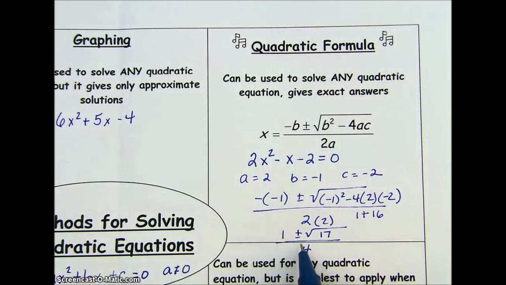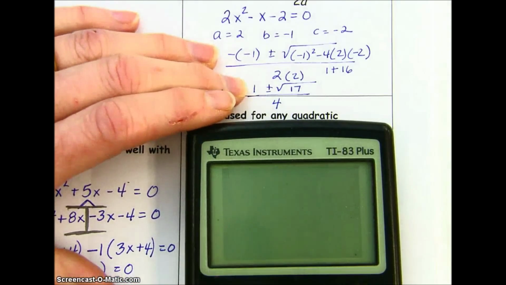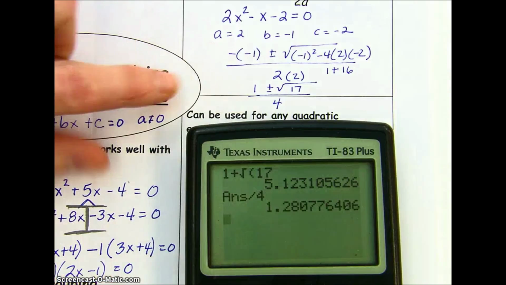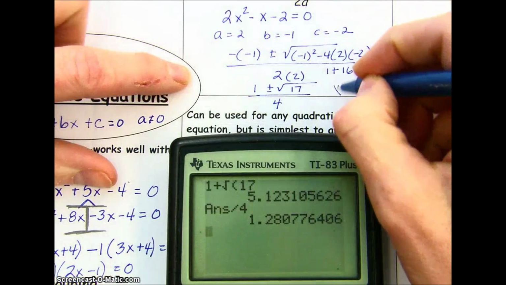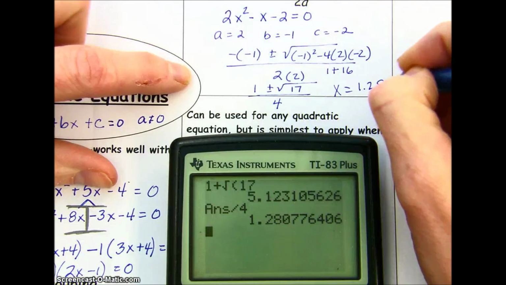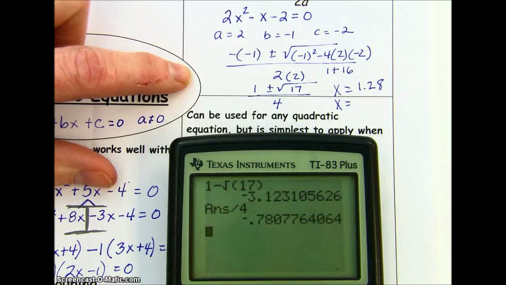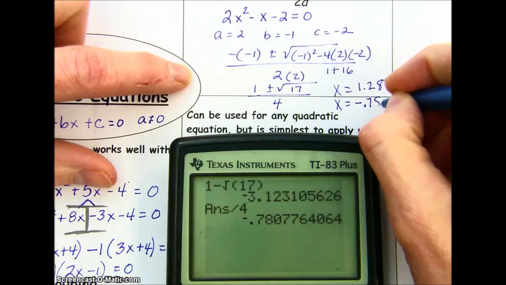This is your exact answer. If you were looking for the decimal answers, all you would have to do is take your calculator, say 1 plus square root 17 divided by 4, and your first solution will be x equals 1.28, and the second one would be 1 minus square root 17 divided by 4, and you get negative 0.78.